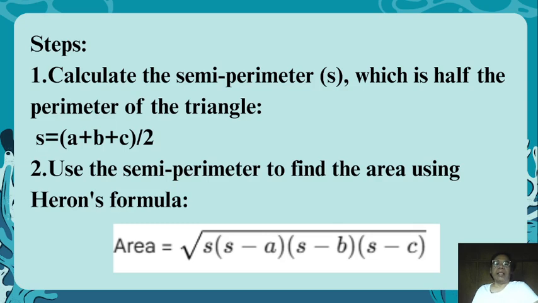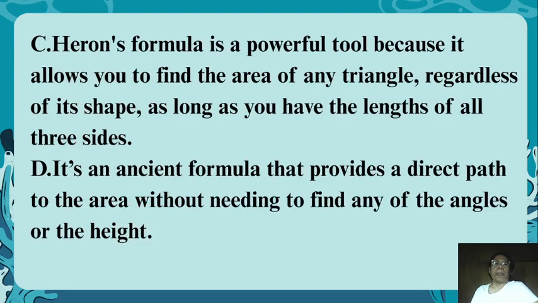And then use the semi-perimeter to find the area using Heron's formula. The formula is area equals the square root of s times (s minus a) times (s minus b) times (s minus c).